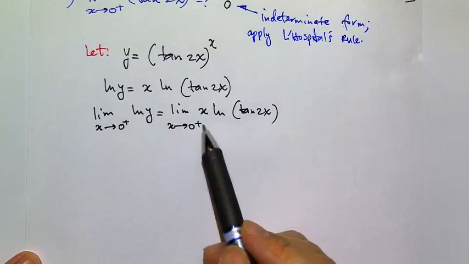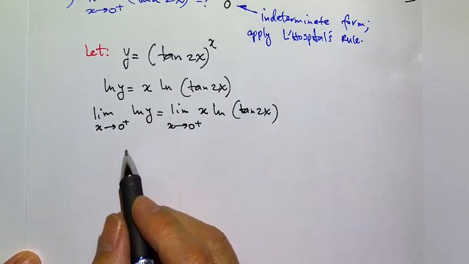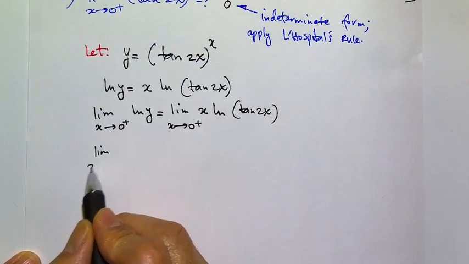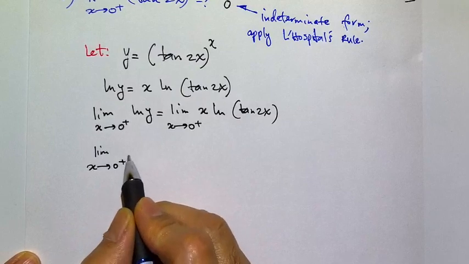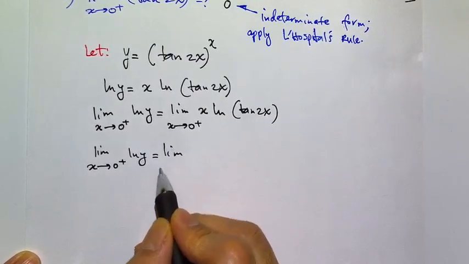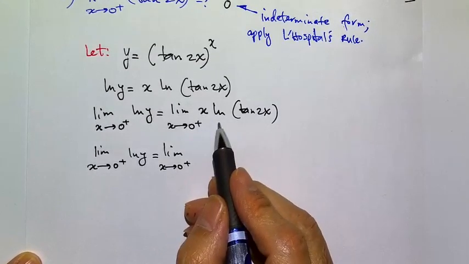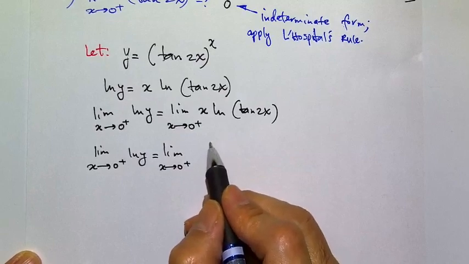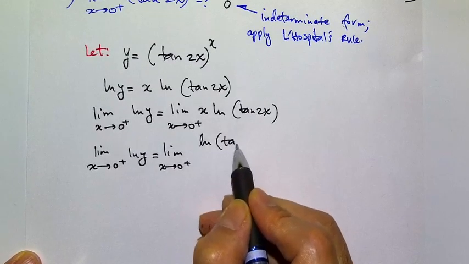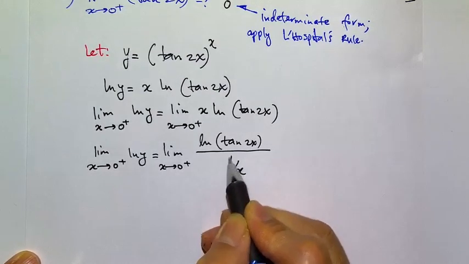So you know that we have to rewrite this in fraction form, right? Before we can apply L'Hopital's rule. So let's do that. The limit as x goes to 0 from the right of natural log of y would be equal to, we can put x in the denominator and say natural log of tangent of 2x divided by 1 over x, right?